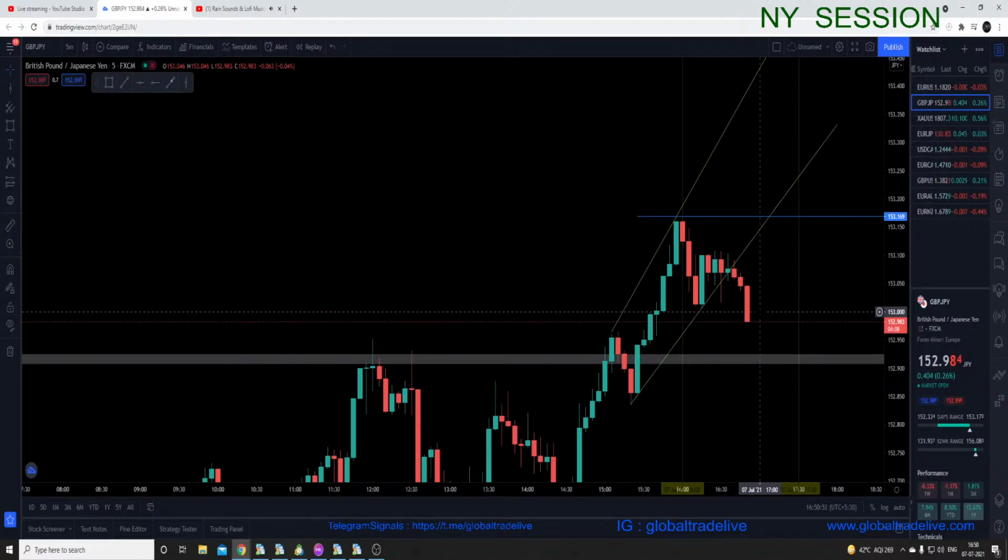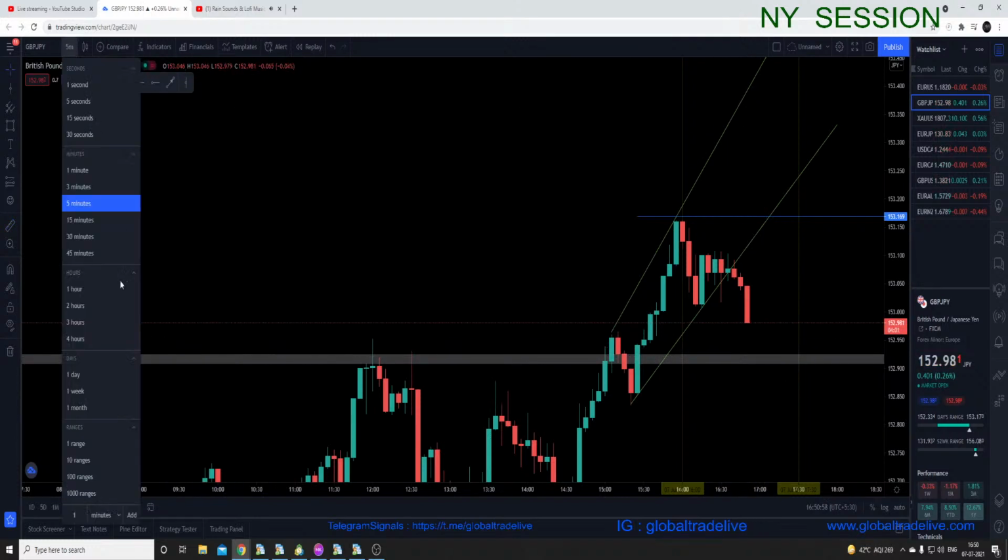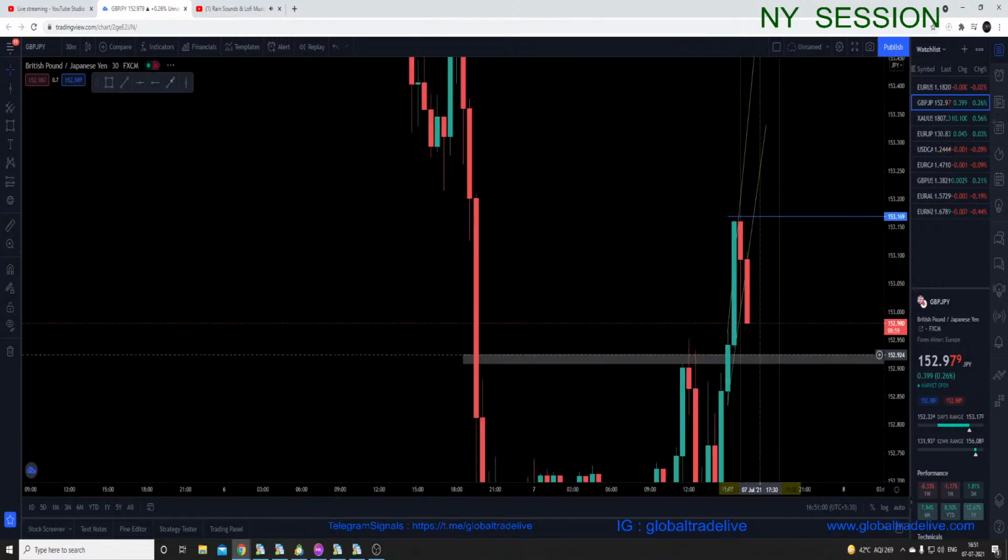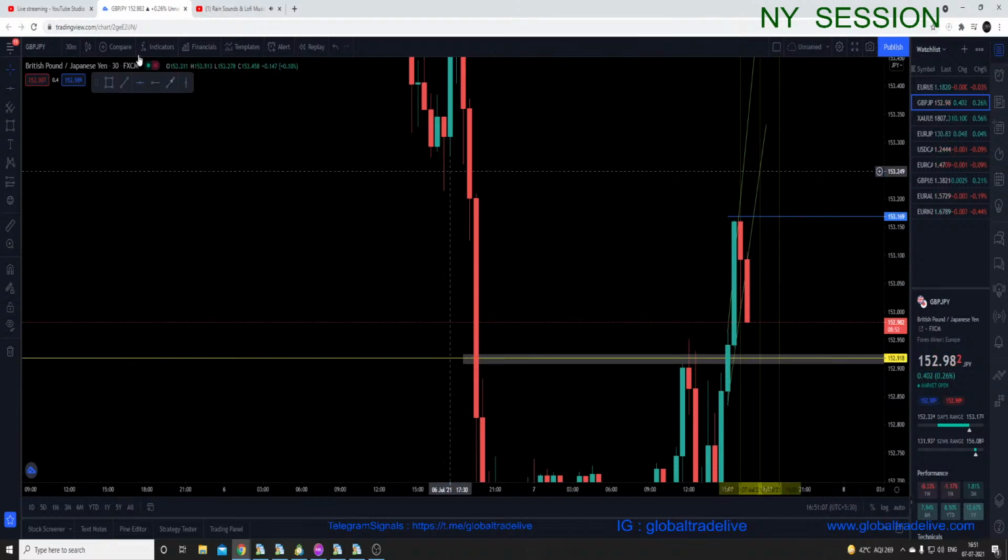Yeah, it just broke the low. Now let's see how it will react to this level over here, because that level is a level on the 30 minutes here. So let's see if it can cross this level or not.